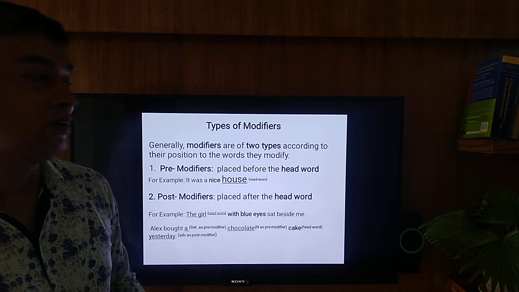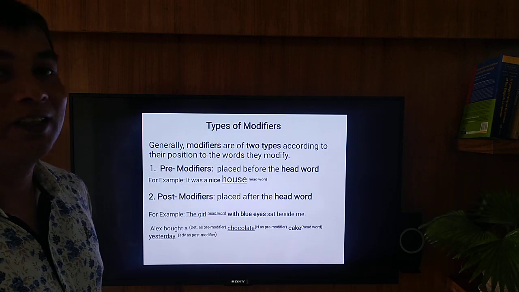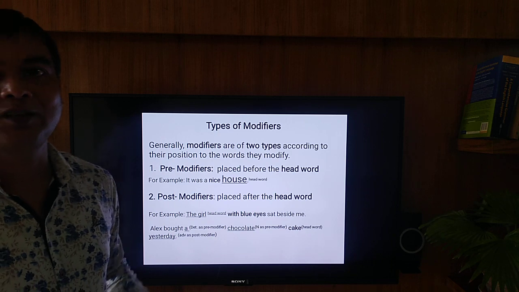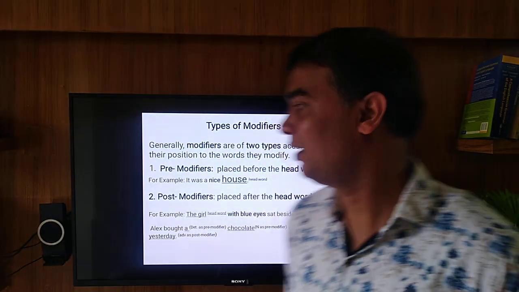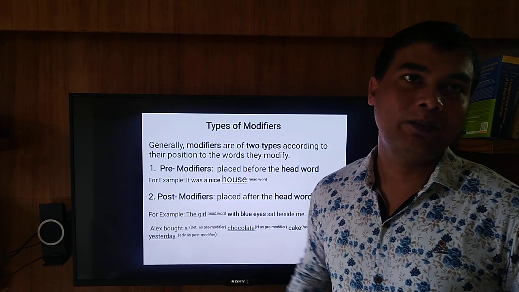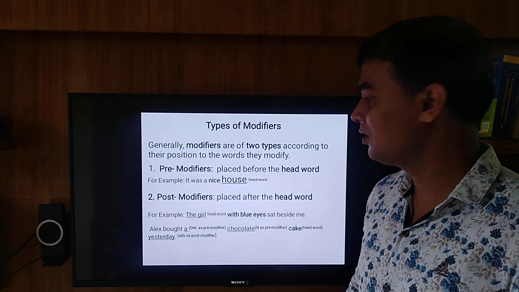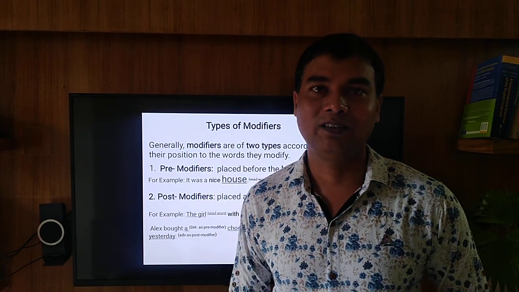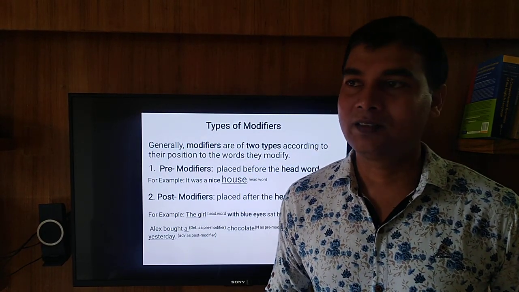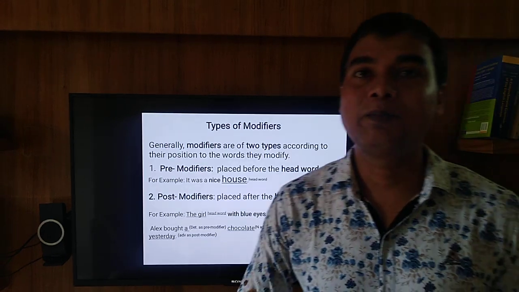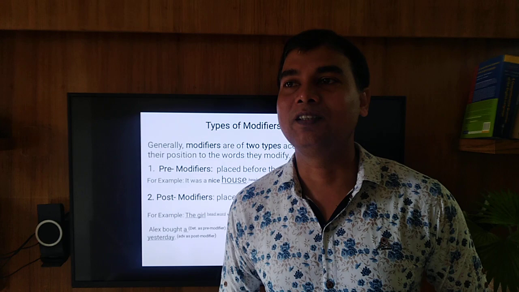Now, the types. Generally, modifiers are of two types according to the position to the word they modify. They are pre-modifier and post-modifier. Now, the question arises, what is a pre-modifier? A pre-modifier appears before the head word of a sentence.